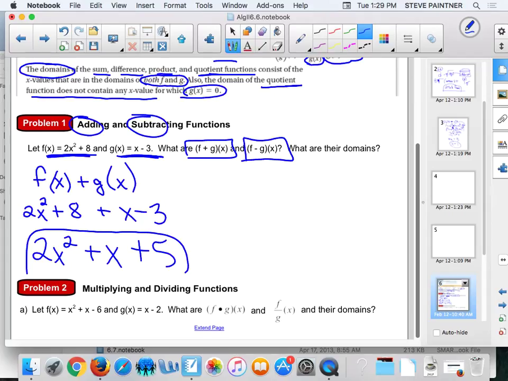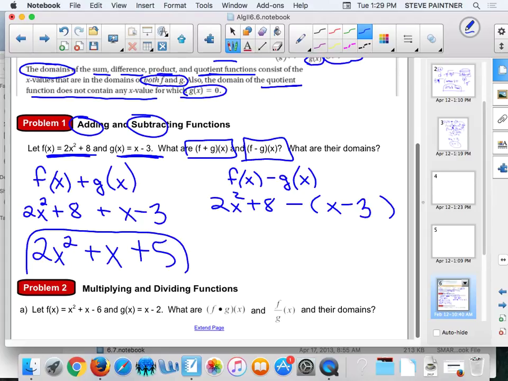Subtract two functions. f minus g of x is the same as, take the function f, subtract the function g, and get an answer. Well, f is 2x squared plus 8. Now you're going to subtract what? g of x. But here's the problem. The problem is g of x is a binomial. So you've got to subtract everything. x minus 3, put it in here.